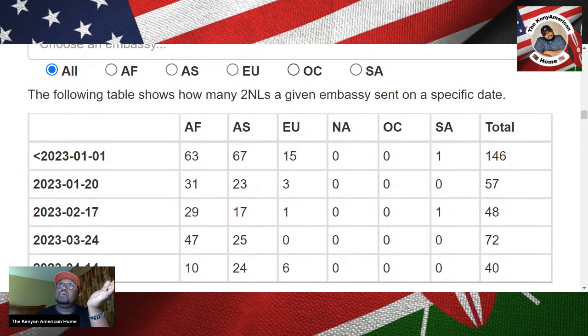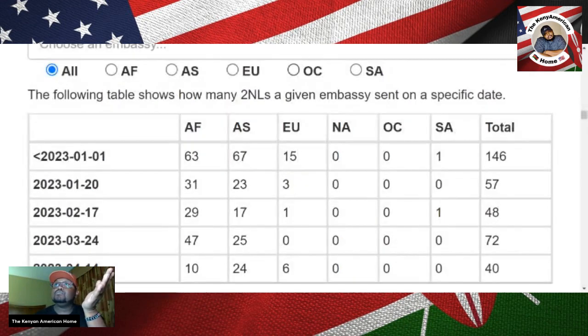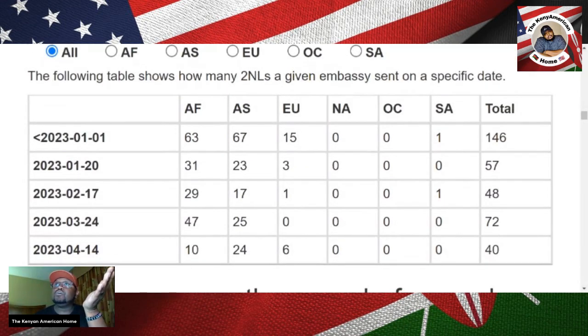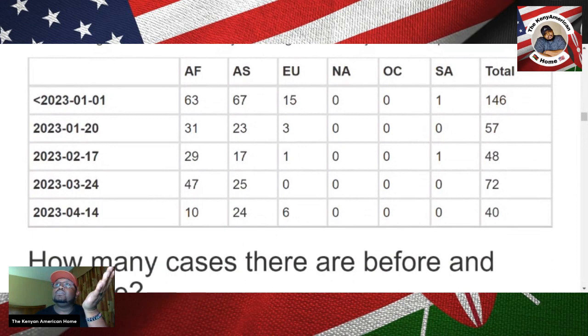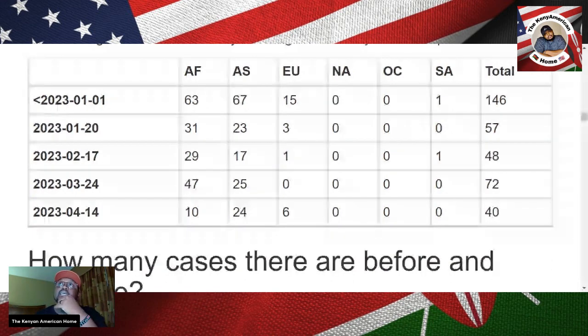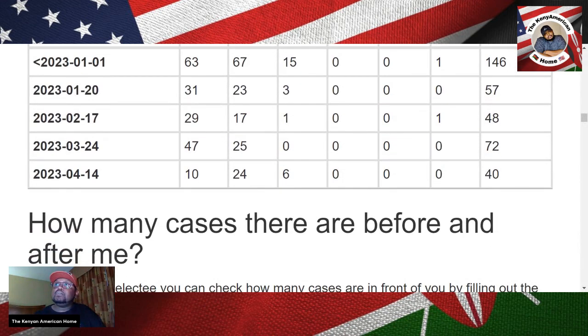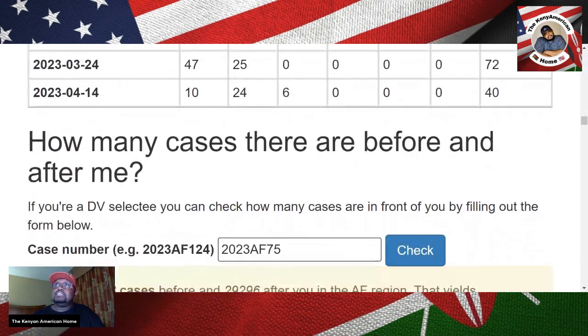In January 1st, 2023, 63 for Africa, 67 for Asia, 15 for Europe, and it looks like the 1st of January had the highest number of 2NLs issued.